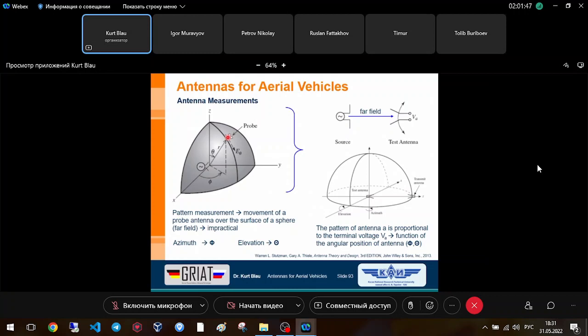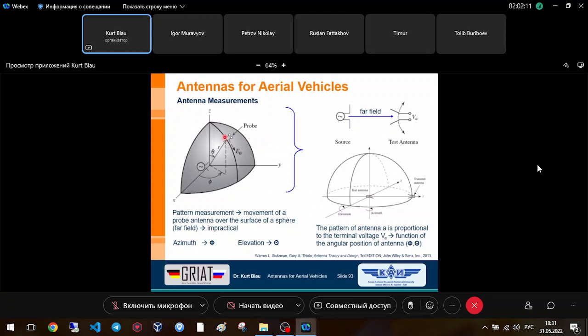Don't forget it. We have to move our probe antenna with a constant distance in the Fraunhofer region, far field. This we have to consider, otherwise the measurement results are not correct.